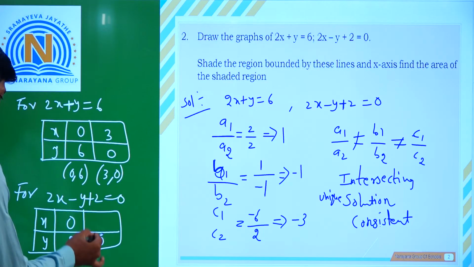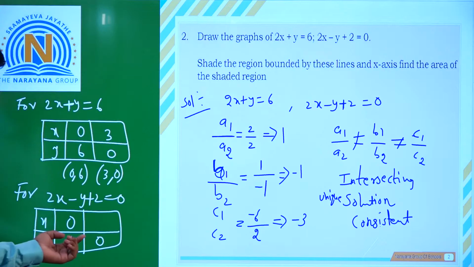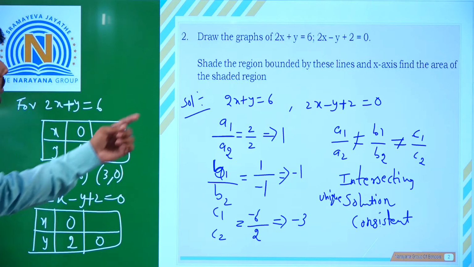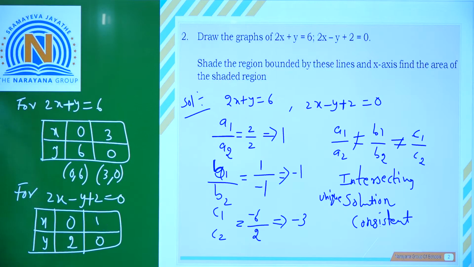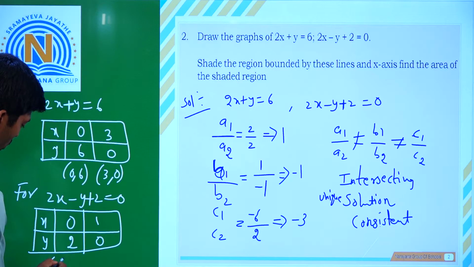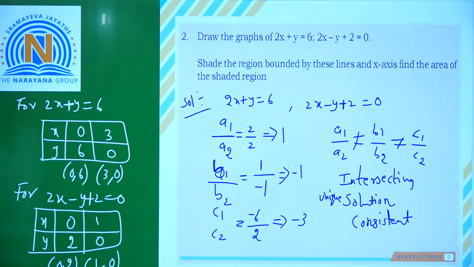At y is equal to 0, the value of x becomes 1. So the coordinate points are 0, 2 and 1, 0. Now we have to locate these coordinate points on the graph.